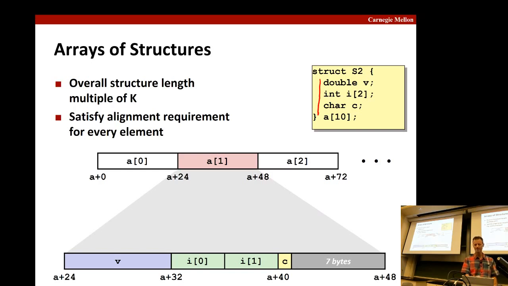Yeah, this is just saying that if I have an array of these things, then again, by having them all be multiples of the right thing, then each of them will be aligned, right? So we said A0 has got to be a multiple of 8, and since this thing is a multiple of 8, then I know that the starting point here is a multiple of 8, and therefore this thing, even though the layout is relative to one another, right?